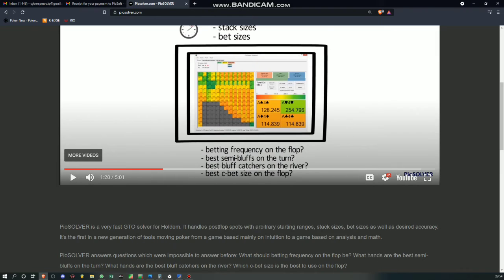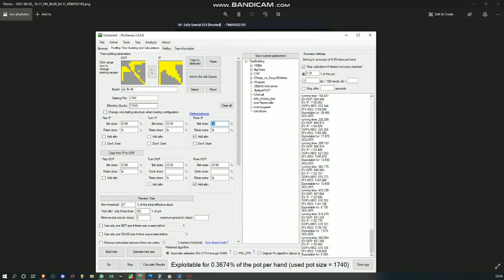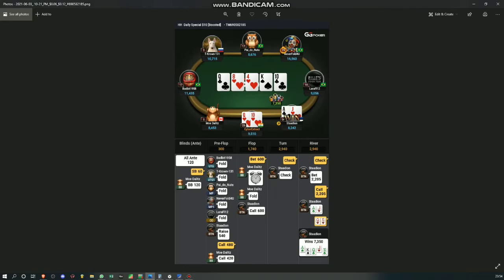As you can see, the preflop pot over here is 1,740, so we feed the solver 1,740, and the effective stacks would be 11,500, because I've done the math. I'll explain the math later on. If you have this amount, and you subtract what he's called, this guy, it's 420, and the small blind, the antes in the pot, which is 120.